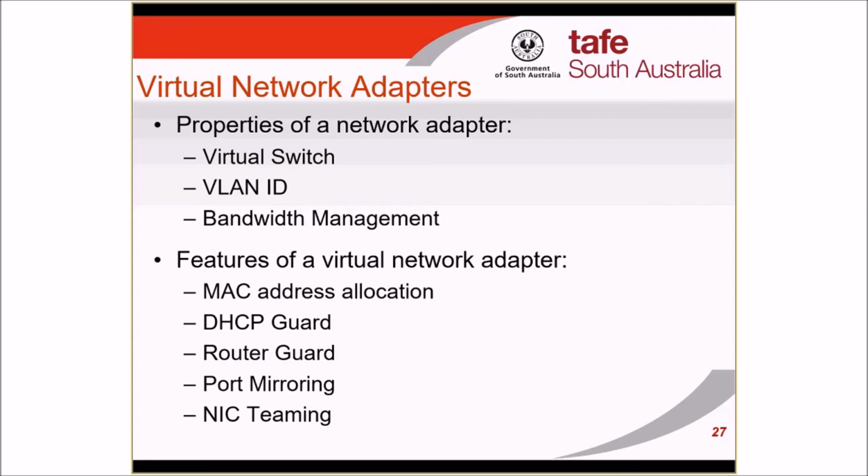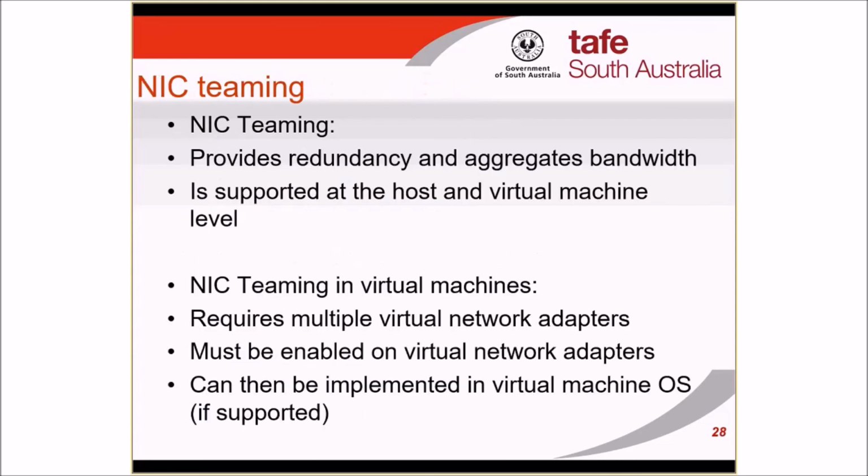There's NIC Teaming, which I spoke about before, where you can combine multiple physical network cards to work together, and that provides load balancing and redundancy. If one NIC fails, the other still works. If you've got two 1 gig network cards, you'd suddenly have 2 gigs of bandwidth. So NIC Teaming provides redundancy and aggregates bandwidth, and is supported at the host and virtual machine level. So at the host level on the Hyper-V, as well as inside the virtual machine on the Server 2016 virtual machine.